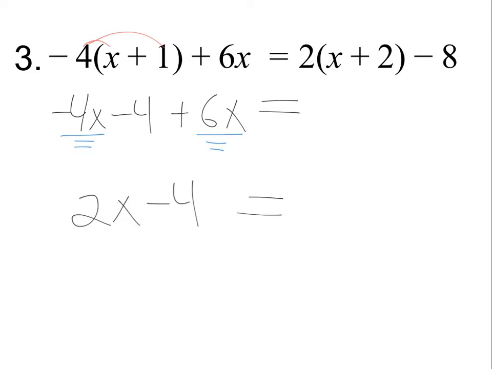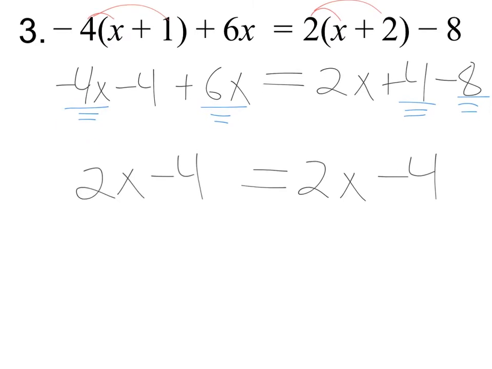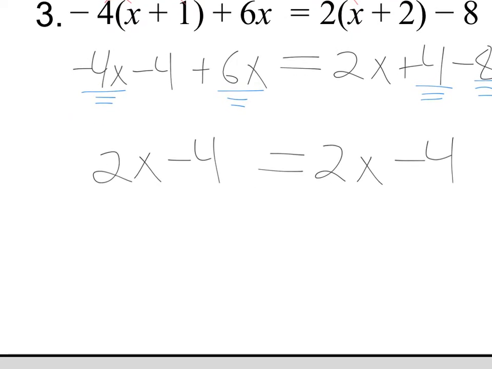Over on the right, I'll distribute into parentheses. I've got 2x plus 4 minus 8. I've got some like terms here with the constant values of 4 and negative 8. So those simplify to 2x and then a negative 4. Well, now you might notice that the left-hand side is identical to the right-hand side.